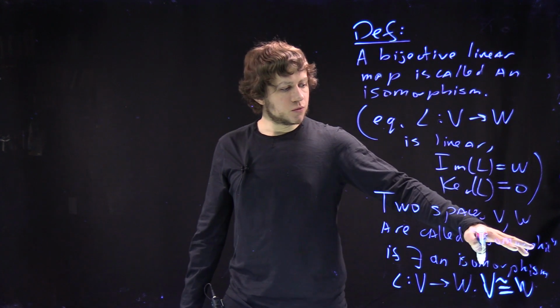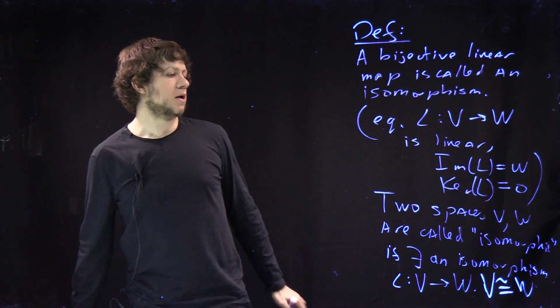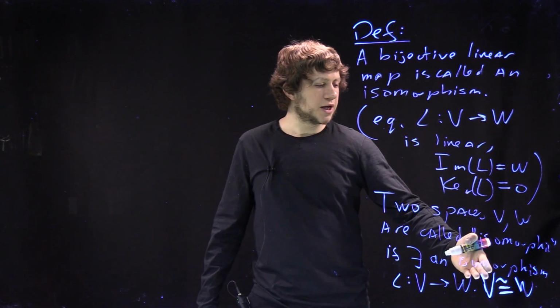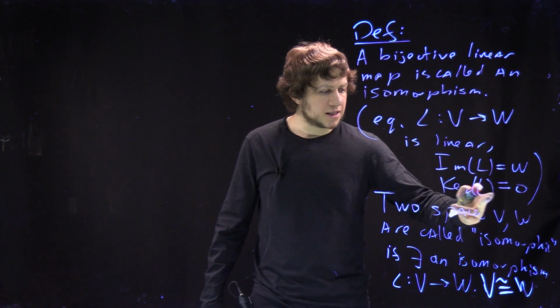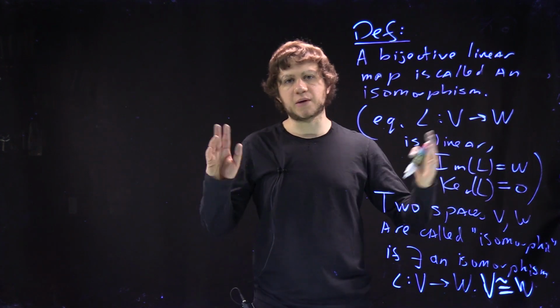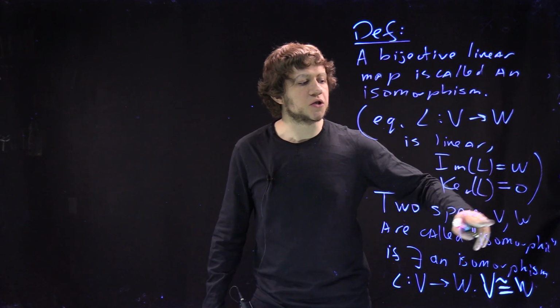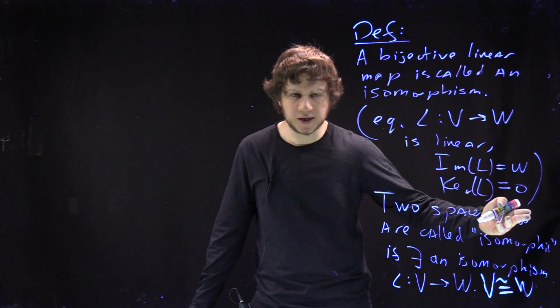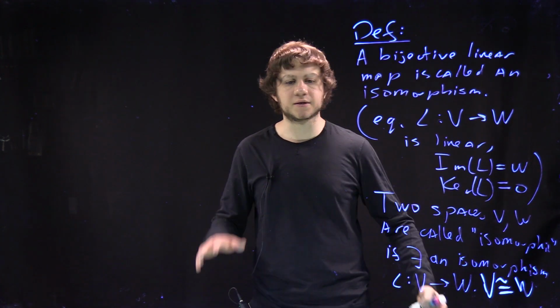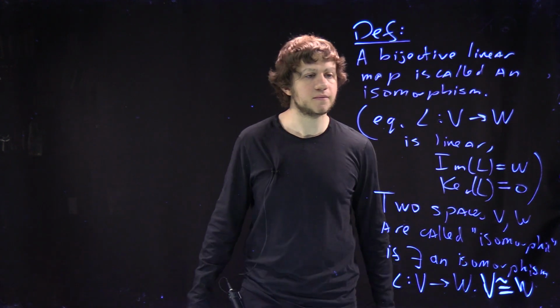So isomorphic, you should think of these vector spaces as basically being kind of the same. What it means is that L basically relabels. It sends vectors in V to vectors in W, it's bijective, it's linear. So you can think of it as just giving you notation for vectors in V. Now they look like vectors in W, and you know that you add and multiply these vectors by scalars in the same way as in V.